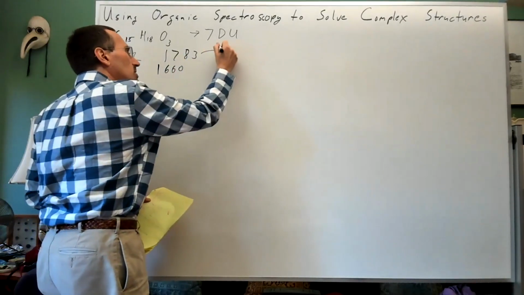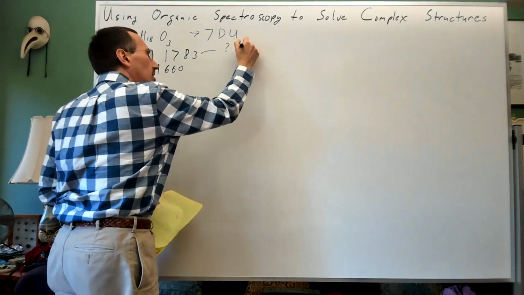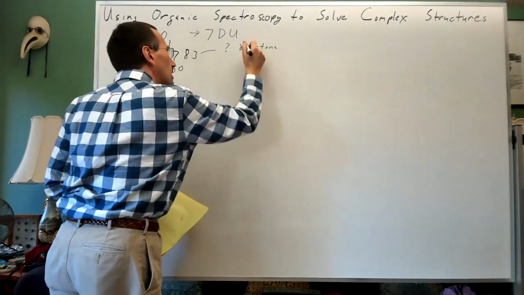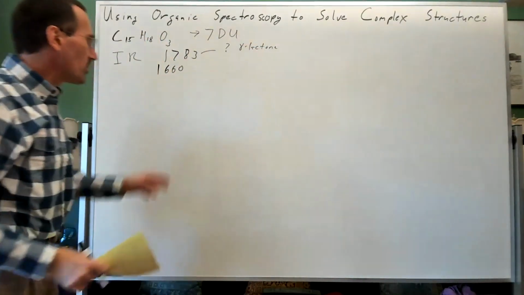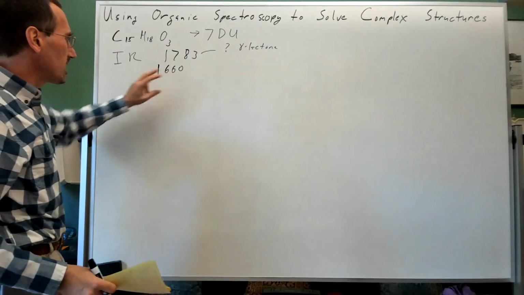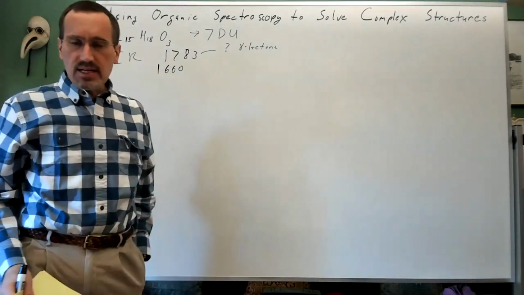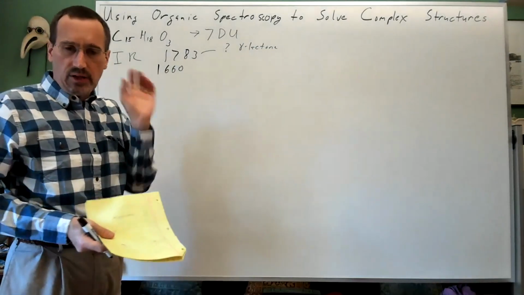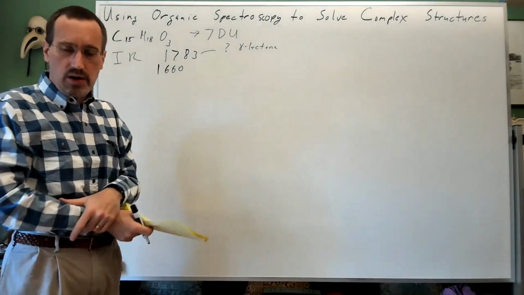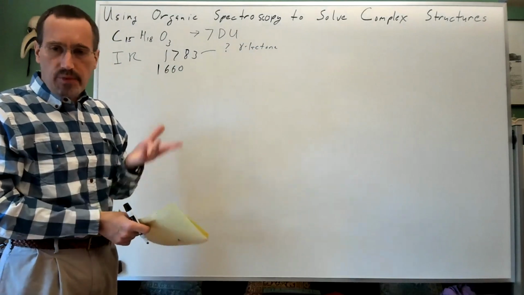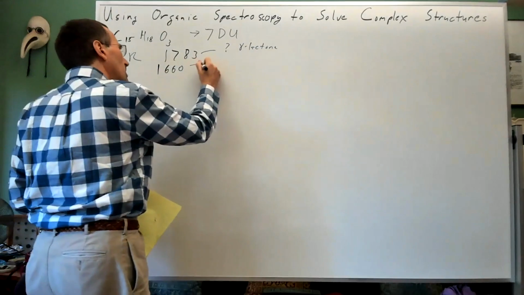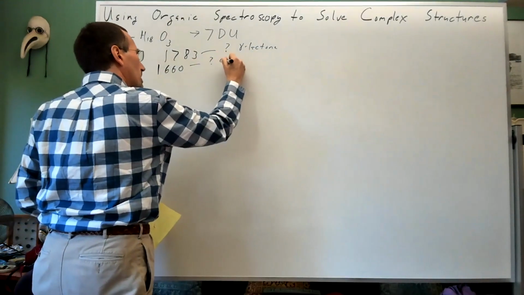So I'm going to write sort of question mark gamma lactone here. We also have a peak at about 1660. 1660 is interesting. That would normally be in the region where you might have a lot of donation into a carbonyl like an amide, but we don't have an amide in this molecule. So it's probably a conjugated carbonyl.